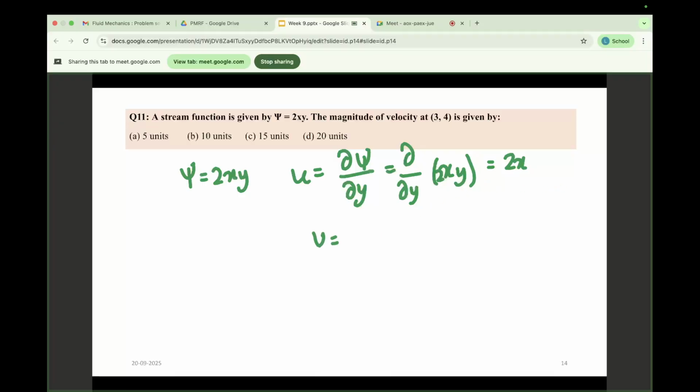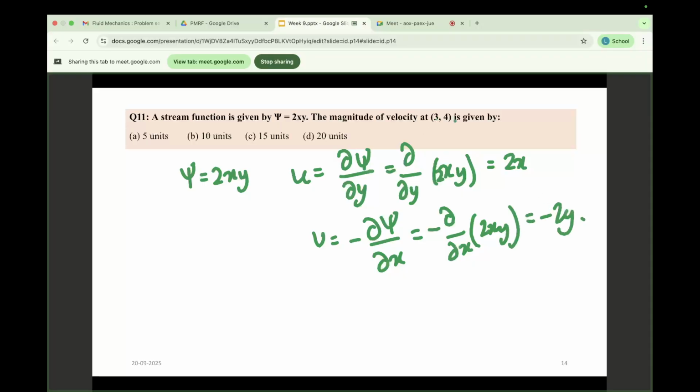Similarly, if I talk about this v, it is the negative derivative of 2xy, which is minus 2y.